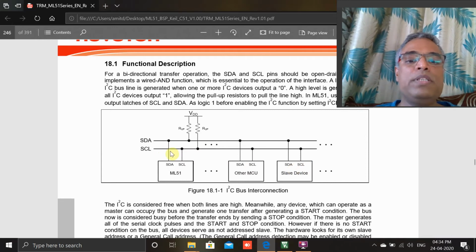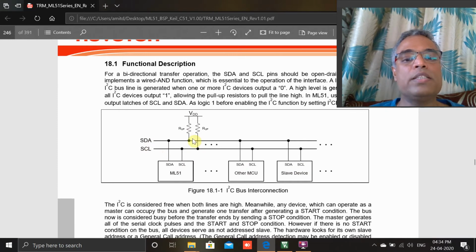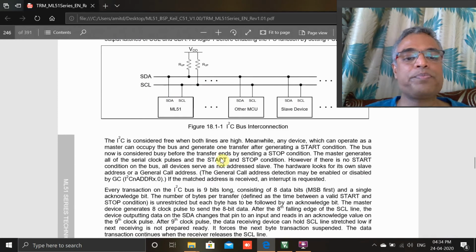So that means that when you write 1 to the port, it is basically held high just because of this resistor, and when you write low, then it is pulled down by the internal FET.